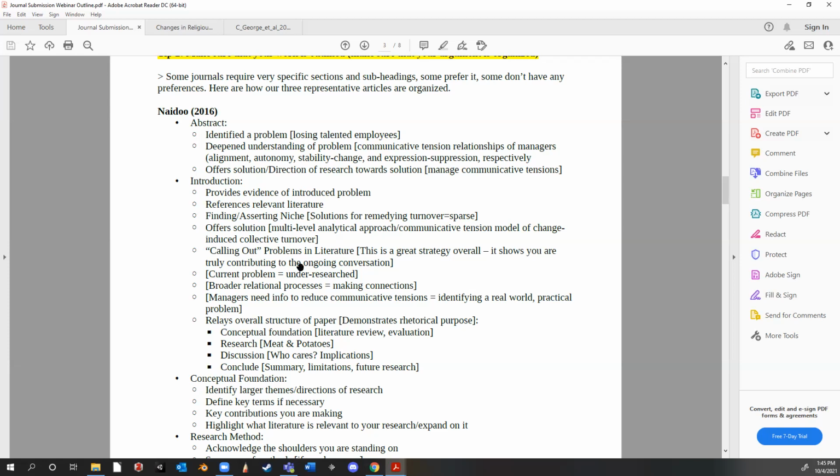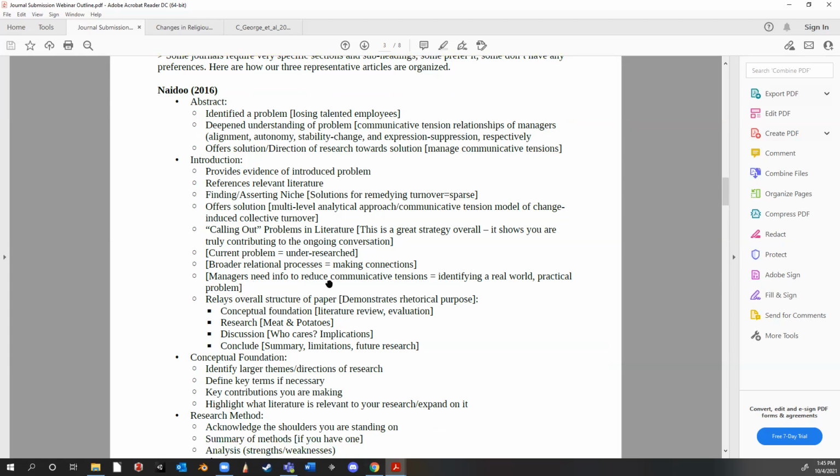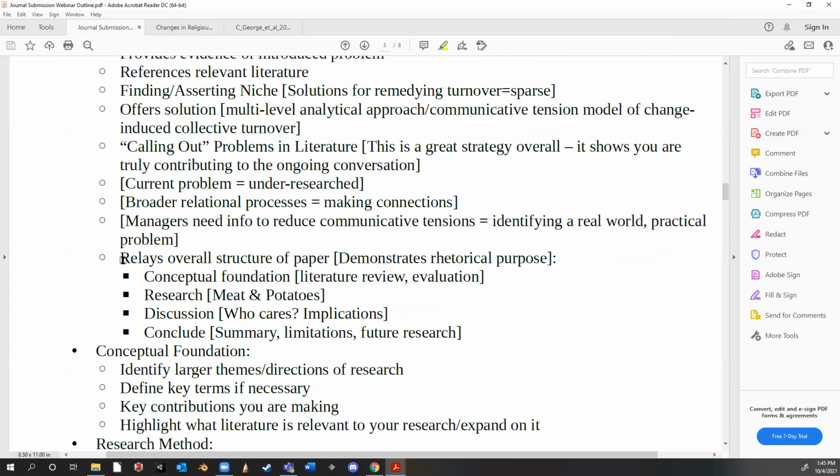Then identifying where that problem is within previous scholarship, and then identifying how you are now going to contribute to the discussion. With that, I think it's really important that you think about penning a roadmap for your paper, which is a little bit different than a seminar paper maybe.